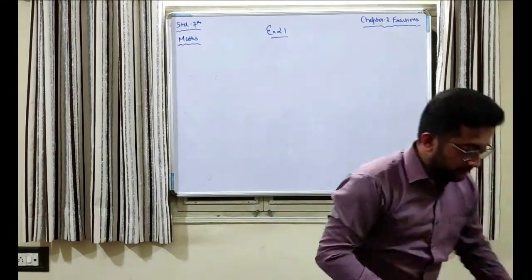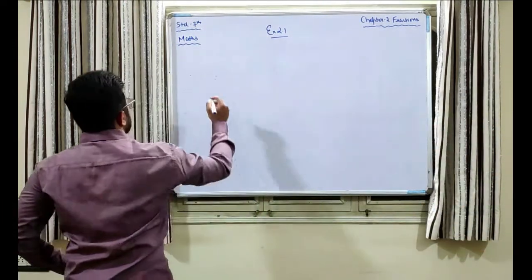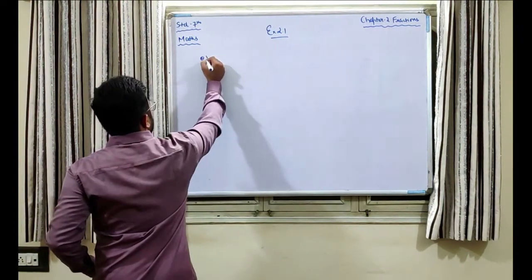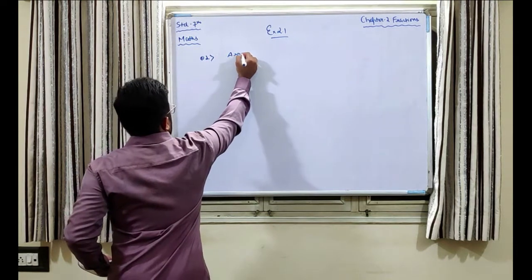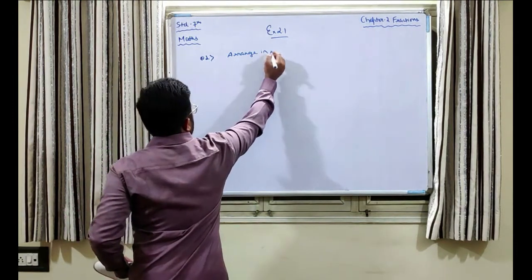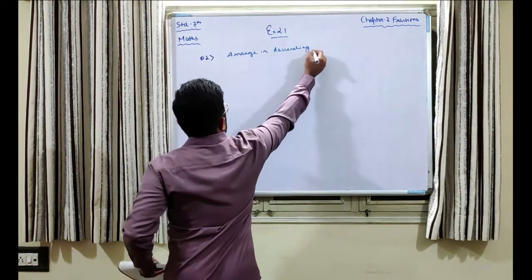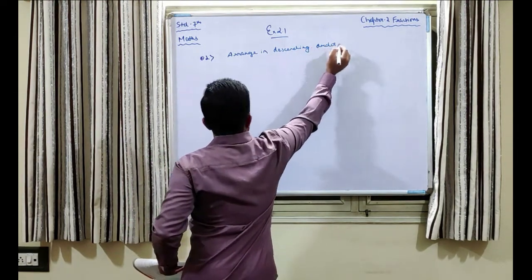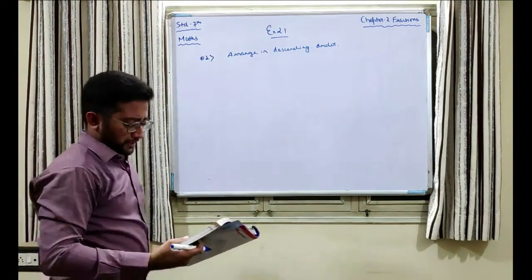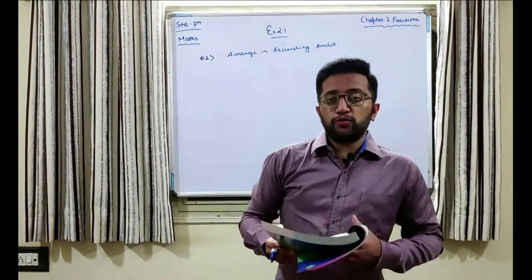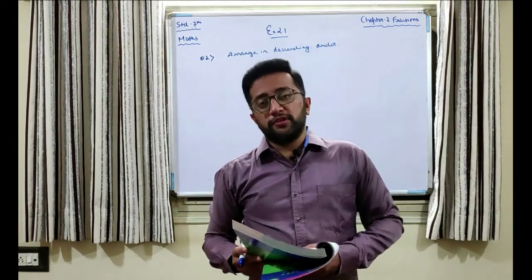Now let us begin with the second question, that is arrange the following in the descending order. Descending means from bigger to smaller number. Now always remember, in order to get the numbers in descending form, we need to equalize the denominators first.